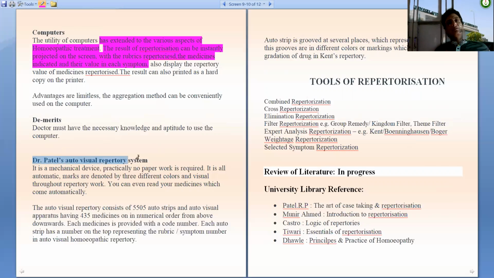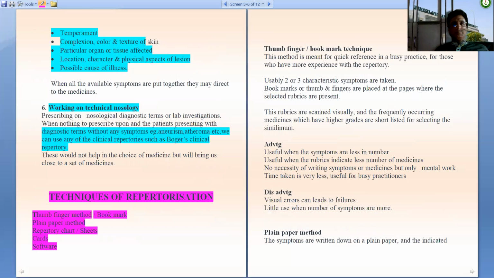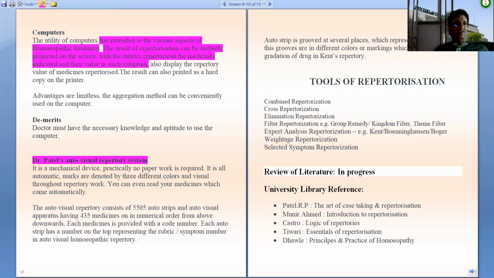Then there's another way of repertorizing, that is by Dr. Patel's auto-visual repertory system, which is a mechanical device.